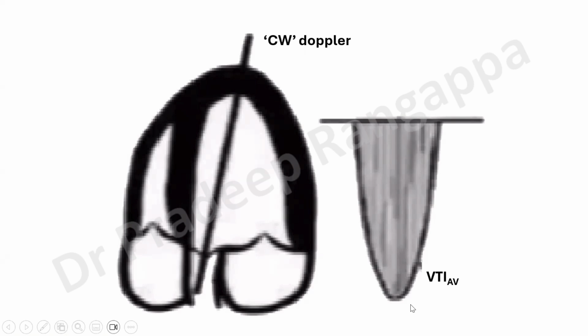So you got LVOT VTI, you got aortic valve VTI, and the LVOT surface area you calculated by taking the diameter and using pi into diameter divided by 2, squared. So that is the formula used. This is the way you take the aortic VTI and then you get the cross-sectional area of the aortic valve.